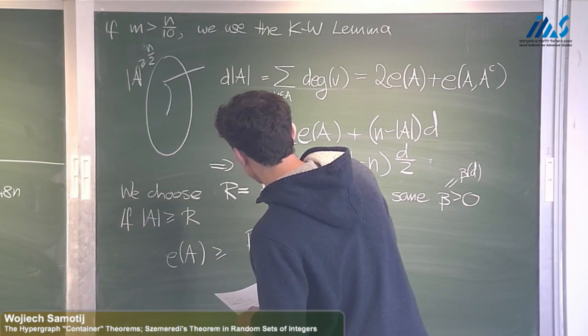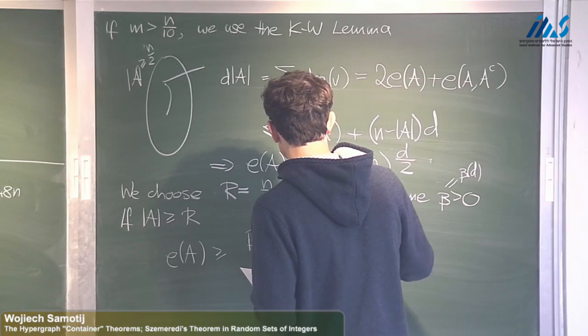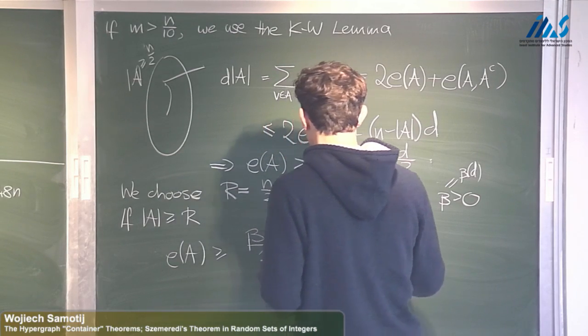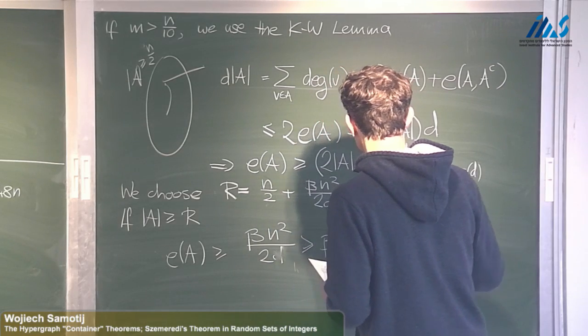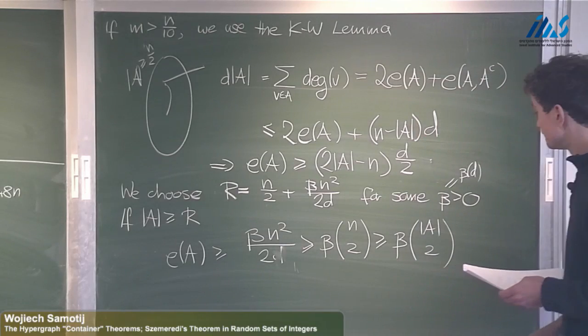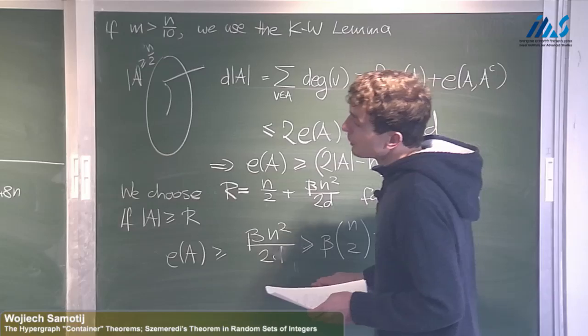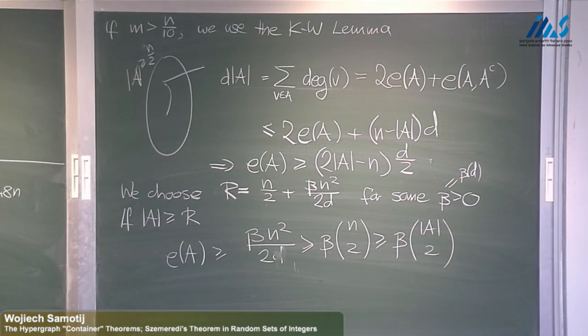This D is cancelled, so it's beta n squared over 2, and this is at least beta times n choose 2, which is at least beta times A choose 2. So in other words, with this particular value of R and some beta, our graph satisfies this condition.